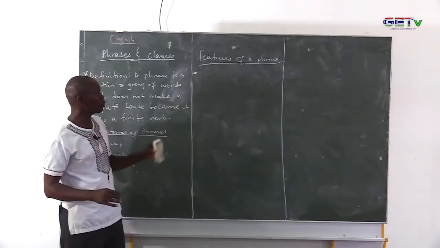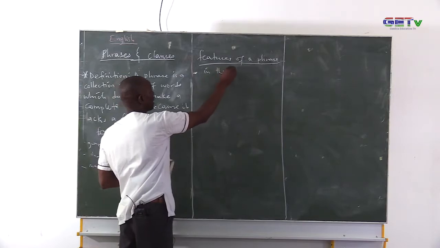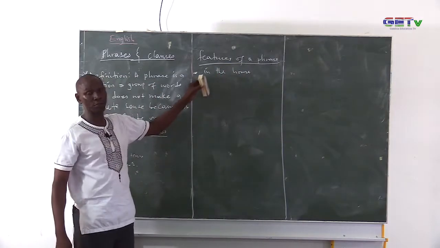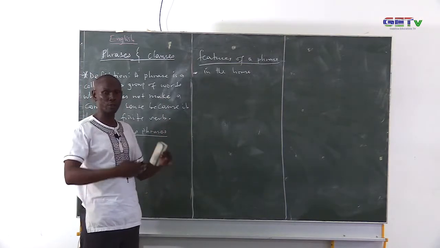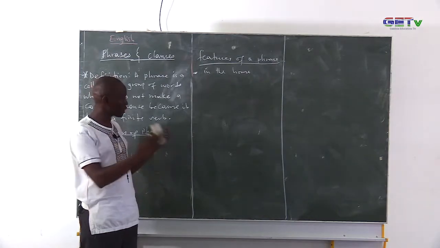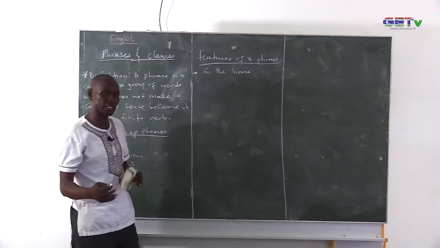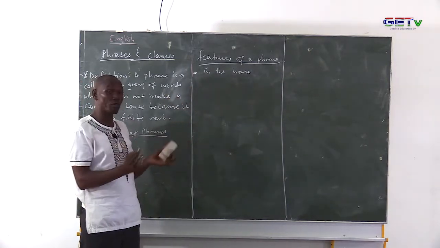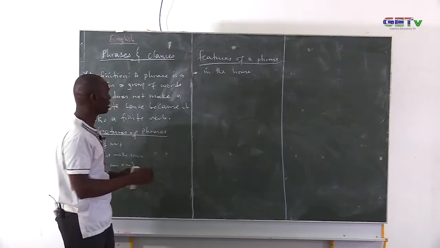For instance, if you say "in the house", this alone is not expressing anything meaningful, though you may add one thing or the other to make it express something meaningful. "In the house", "under the table", etc., are phrases because they are not conveying anything meaningful on their own. So that's one evidence.